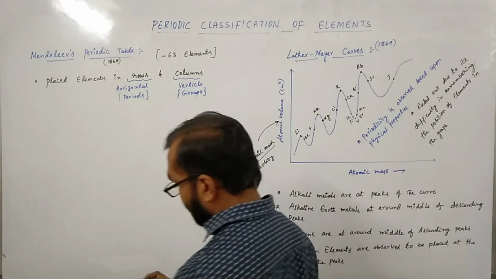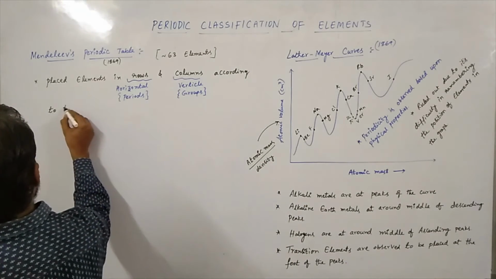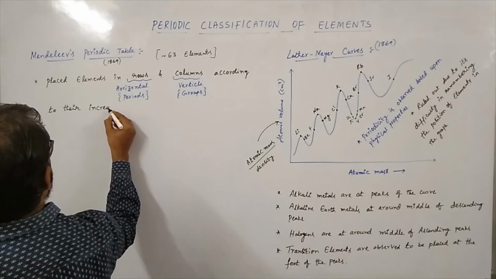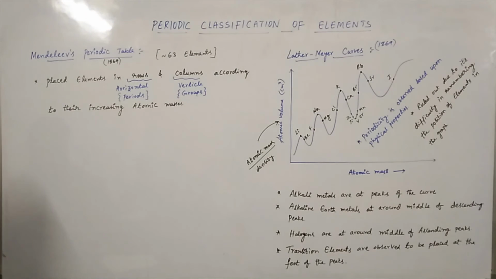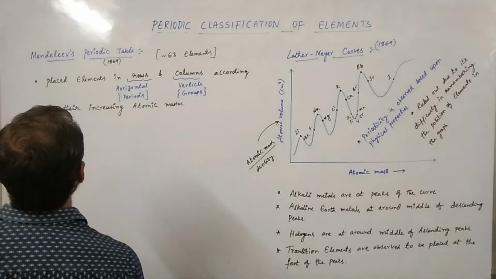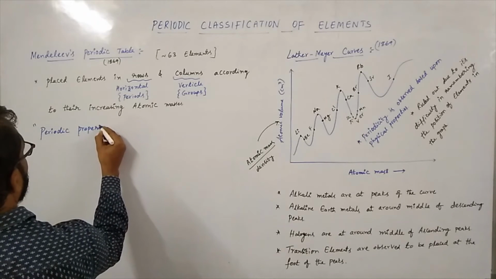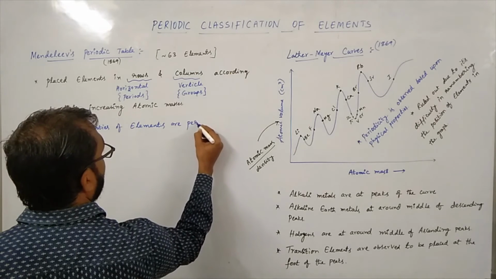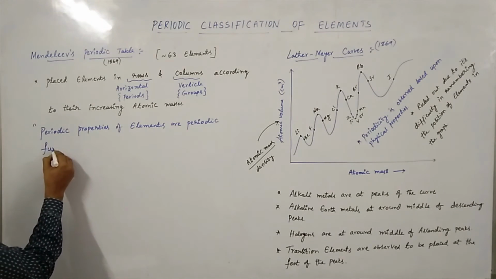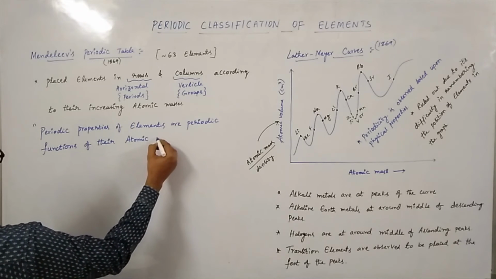Place the elements in rows and columns according to their increasing atomic masses. So according to Mendeleev, periodic properties of elements are periodic functions of their atomic masses.